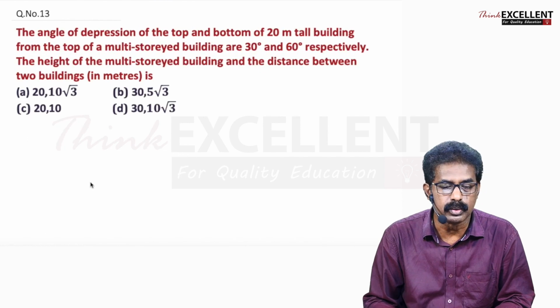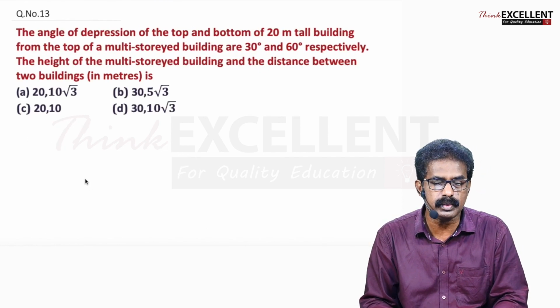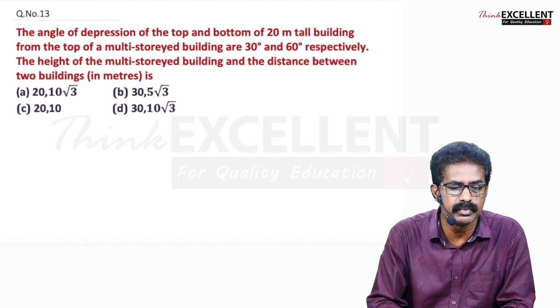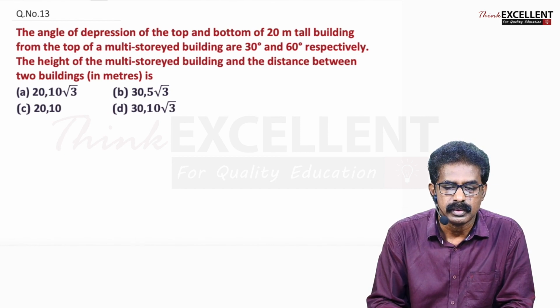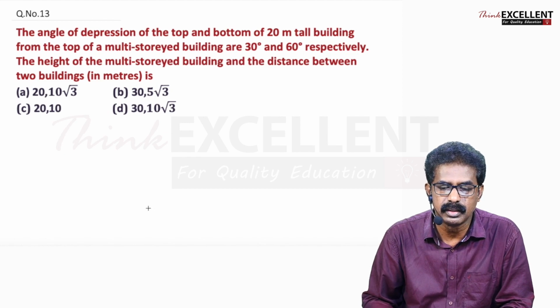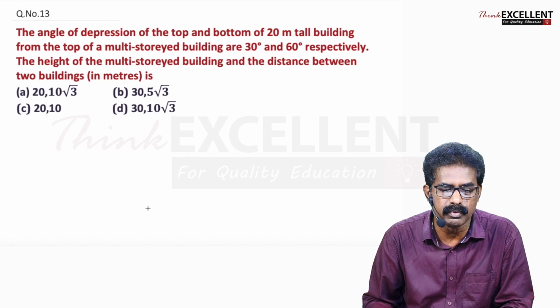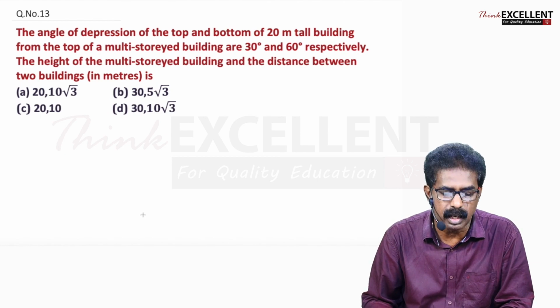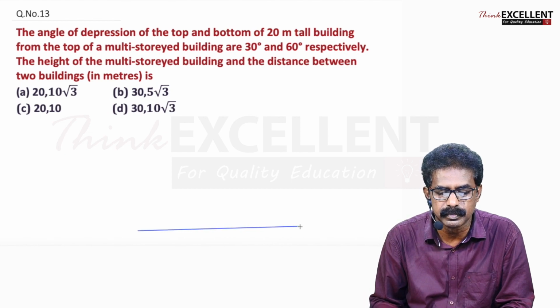Now let's move on to question number 13. Listen carefully. The angle of depression of the top and bottom of a 20 meter tall building from the top of the multi-storied building are 30 degrees and 60 degrees. Listen very carefully.